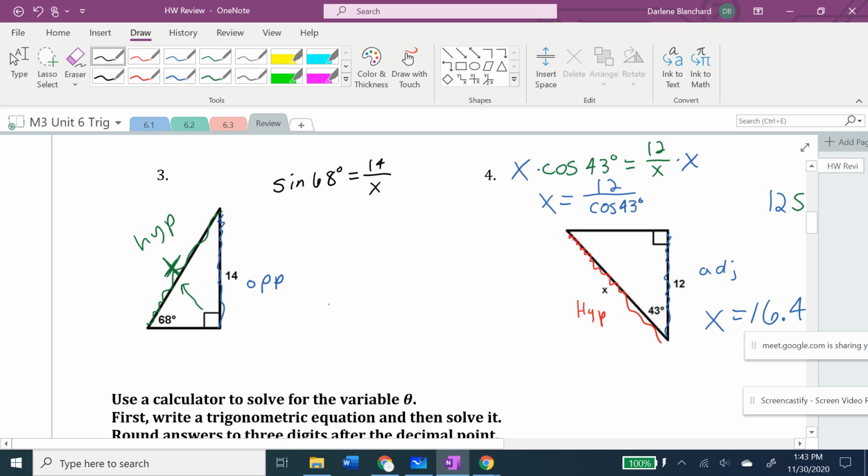Or if you have all 6 trig buttons on your calculator, you can use cosecant instead. So use either one of those two.